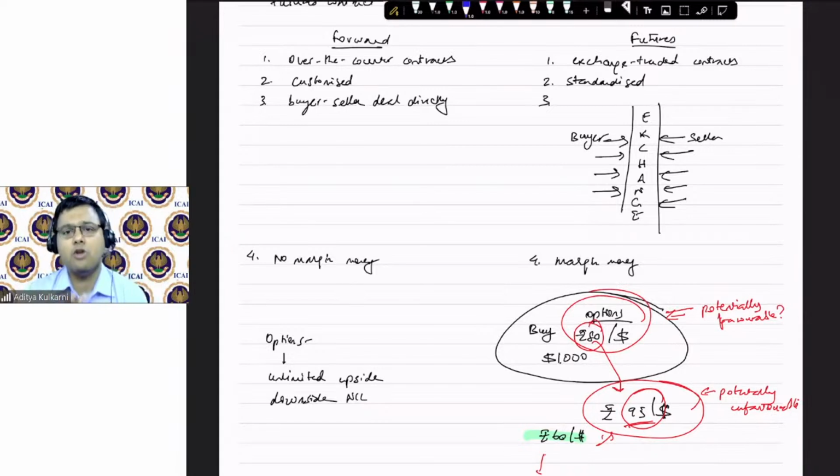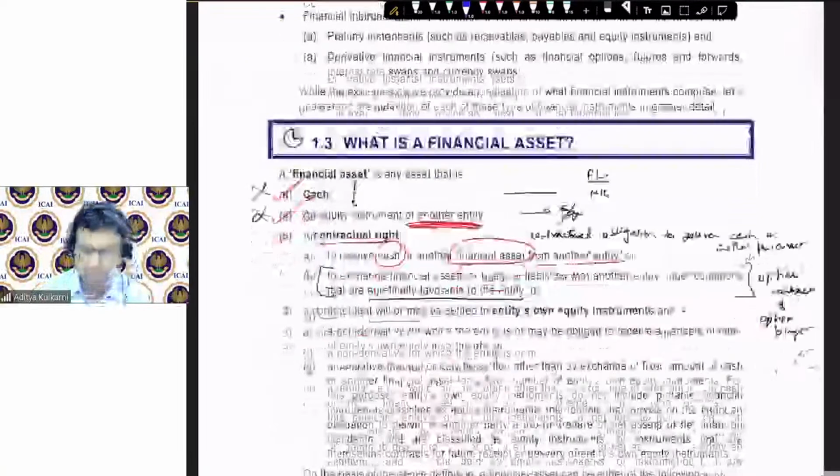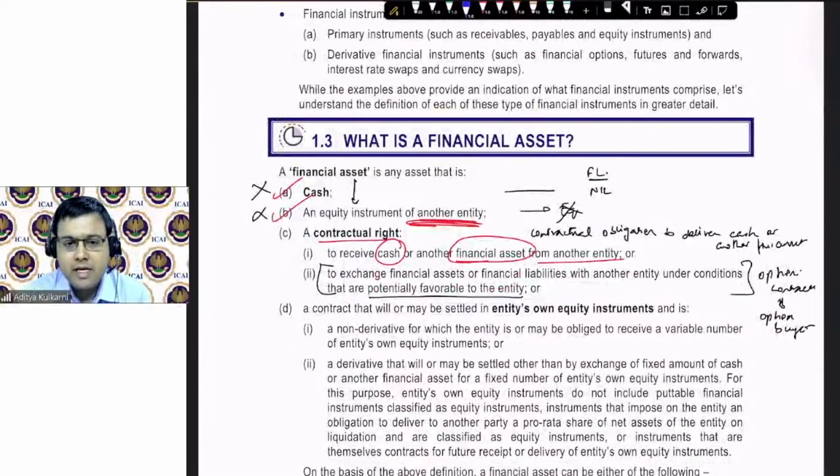Then we moved on to look at what is a financial asset and what is a financial liability. When we saw the definition of financial asset, we said that it could be cash, it could be an equity instrument of another entity, or it could be a contractual right to receive cash or another financial asset from another entity.